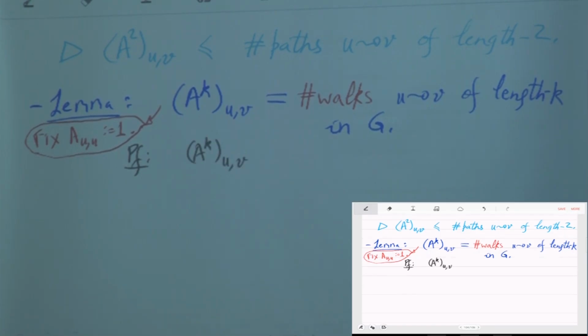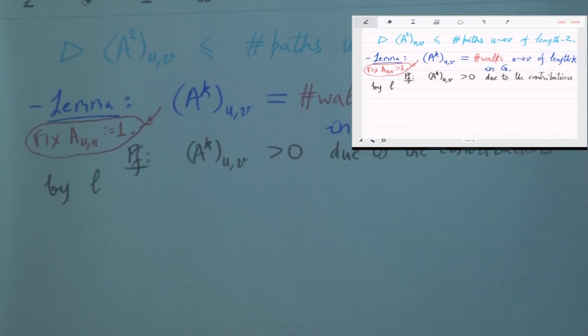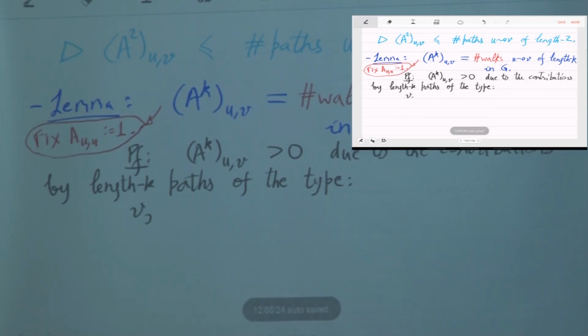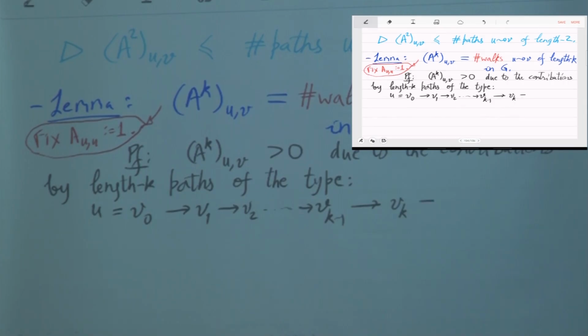A raised to k, u v is positive due to contributions by length k paths of the type: you start with v0, that's u, then there is an edge from v0 to some other vertex v1, then from there to some other vertex v2 and so on till you reach vk minus 1 and then vk. vk has to be v.